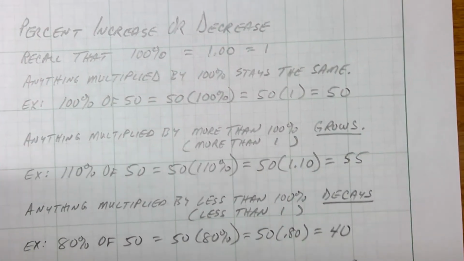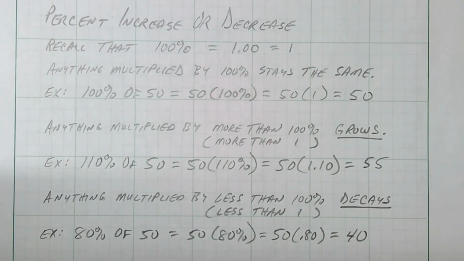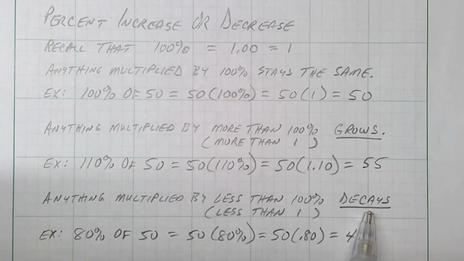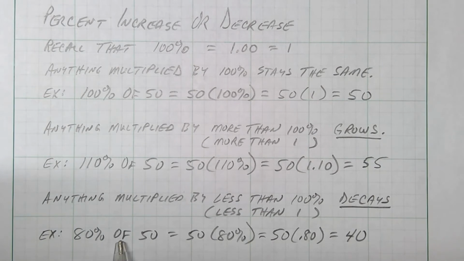your initial value gets larger. And then if we throw it in reverse here, anything multiplied by less than 100%, a decimal that's less than 1, well, that's decay. It's getting smaller. For example, what's 80% of 50? Well, that's 50 times 80%. 80%, knock off the percent, move the decimal 2 to the left, that's 0.8.